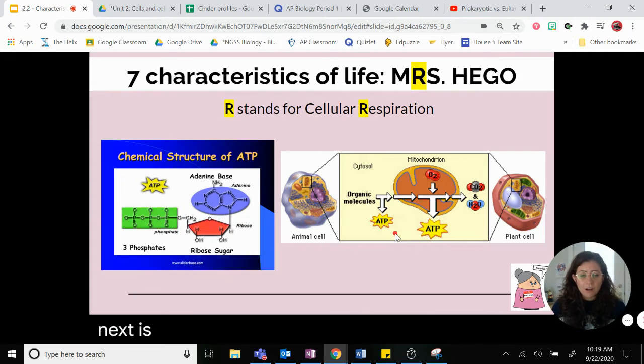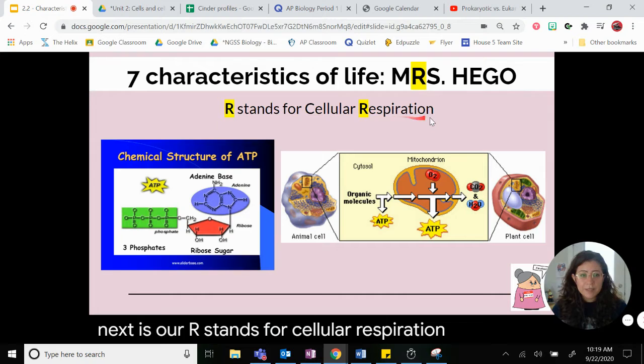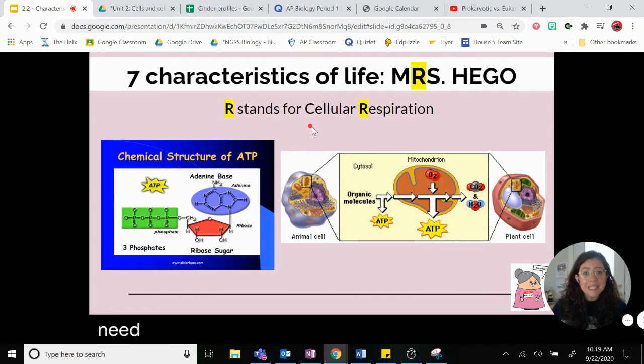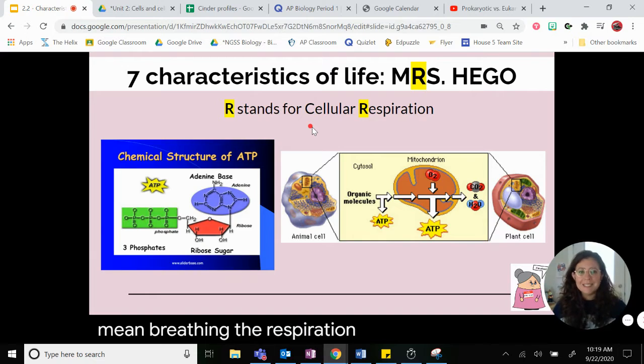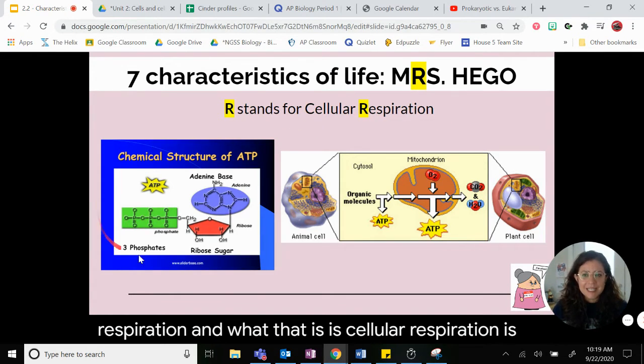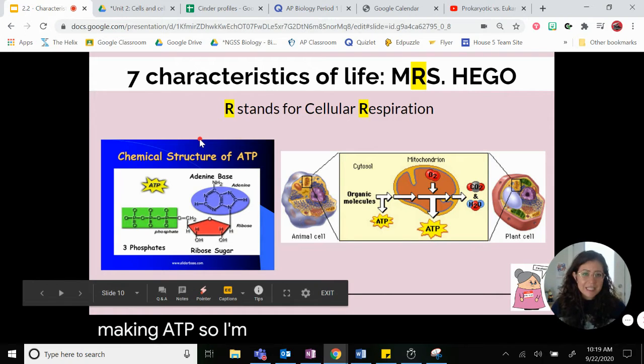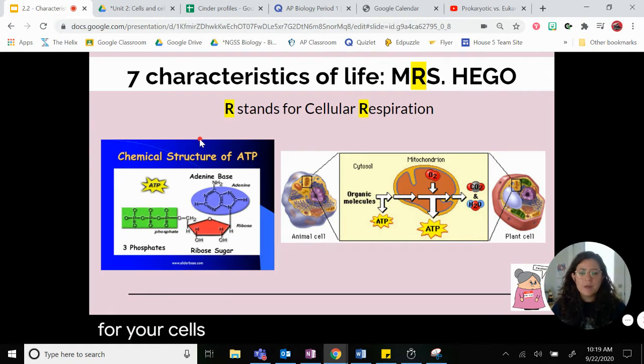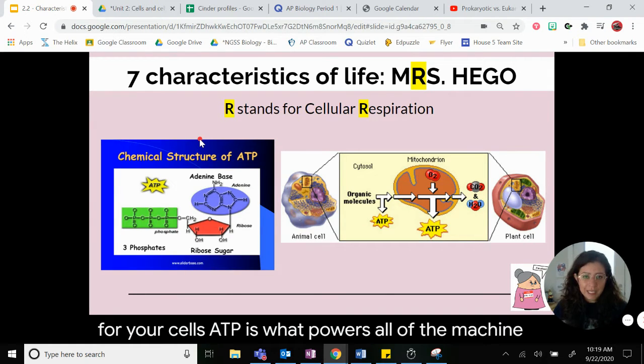Okay, next is R. R stands for cellular respiration. And when we say respiration here, we don't mean breathing respiration. We mean cellular respiration. And what cellular respiration is, is making ATP. So remember, ATP is like a chemical battery for your cells. ATP is what powers all of the machinery in your cells.